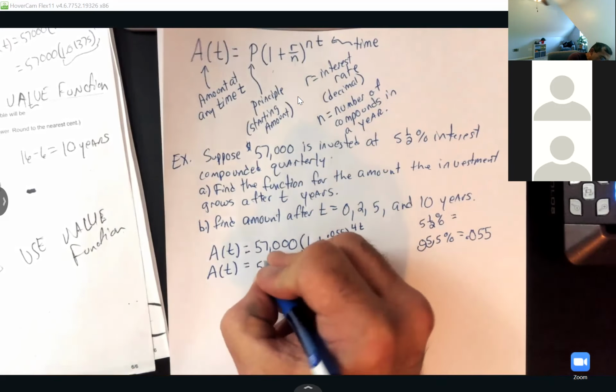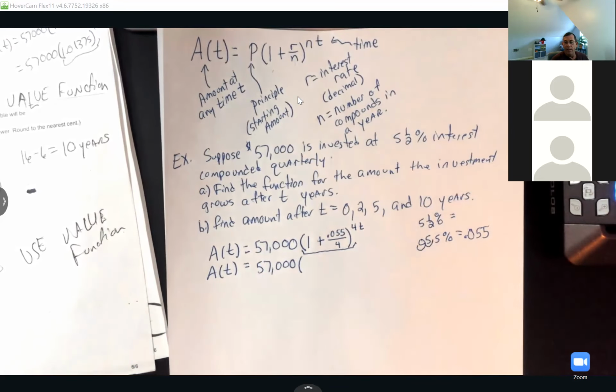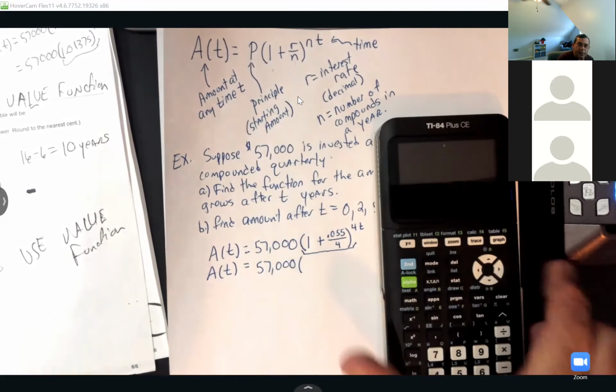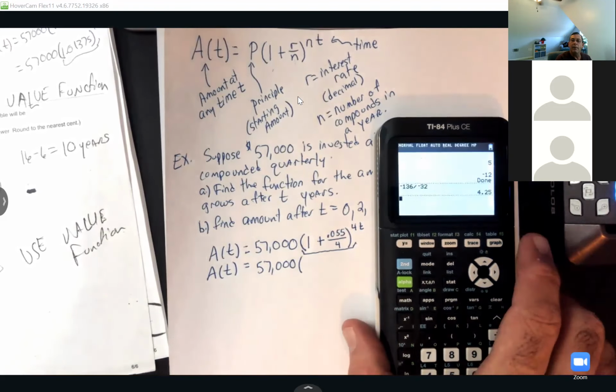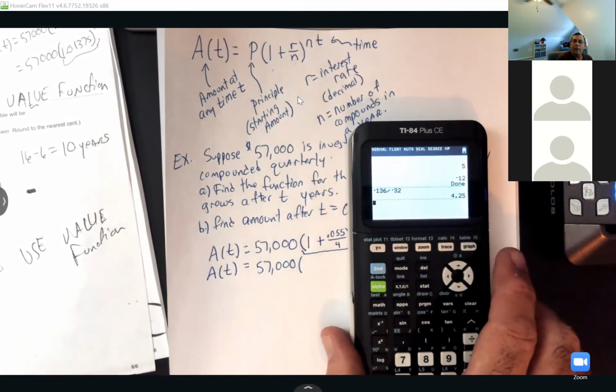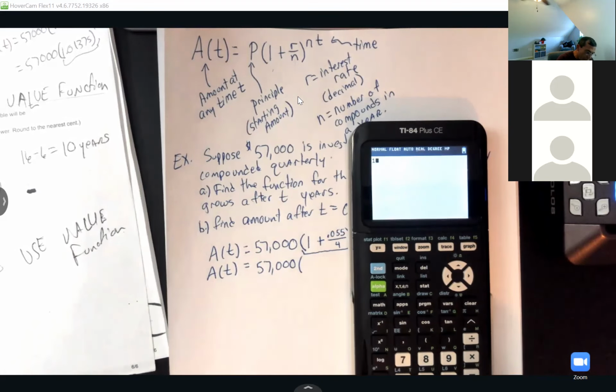So we'll bring down our 57,000. So on our calculator, let me see if y'all can see this one. I'm going to figure out what 1 plus 0.055 divided by 4 equals.